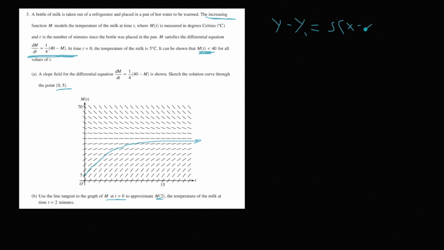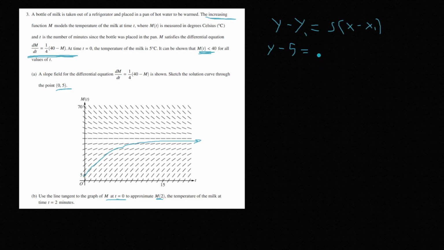The slope is generally m, but I don't want to use m because it's the function. So y1 is 5, so y minus 5 is equal to the slope.